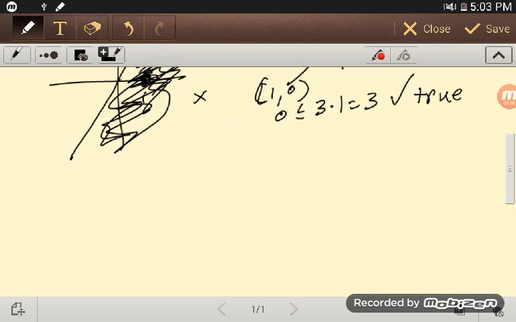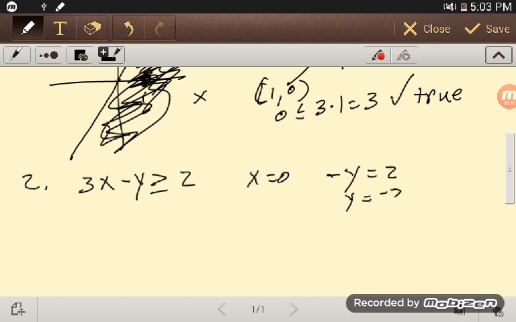Now example 2: you could have a greater than or equal to, that's fine. Suppose I have 3x minus y is greater than or equal to 2, just to make it a little easier. Again, I'll let x equal 0, in which case I get minus y equals 2, so y equals negative 2.